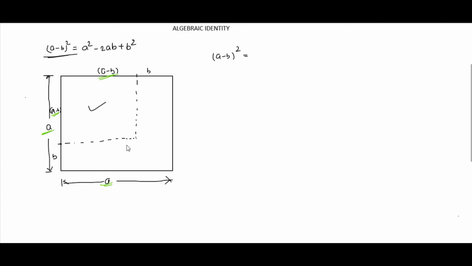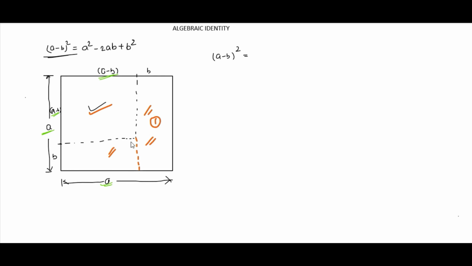So from the diagram we can say if we subtract this portion from the bigger square we will get the area of this smaller square. Now let's divide this area into small rectangles.